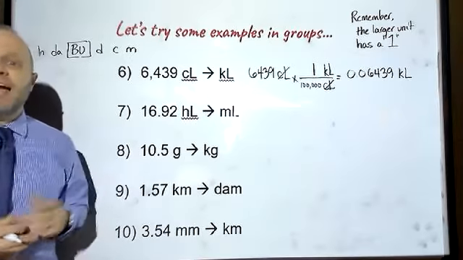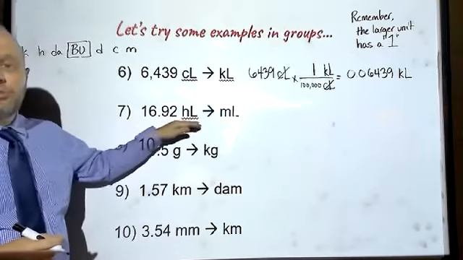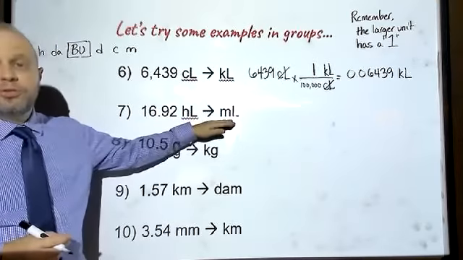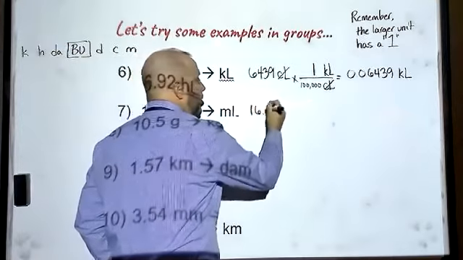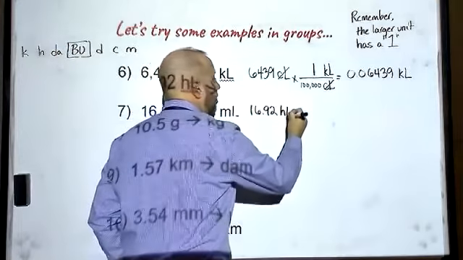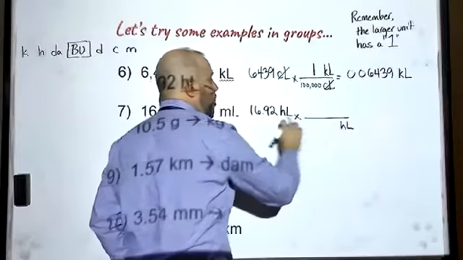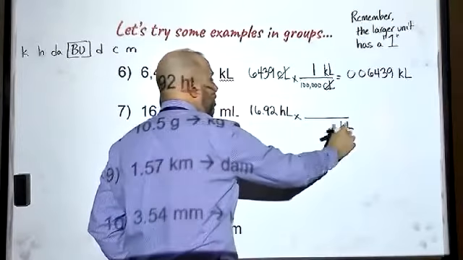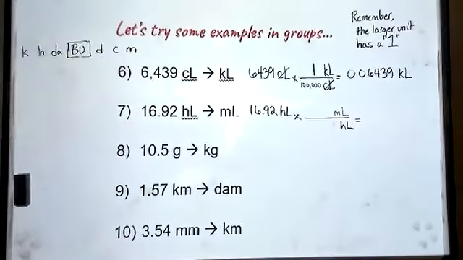Okay, let's take a look at our second problem. We have 16.92 hectoliters, and we're going to milliliters. It's the unit I want to get rid of, so whatever unit's here should come down here. I'm going to milliliters, which is on top.